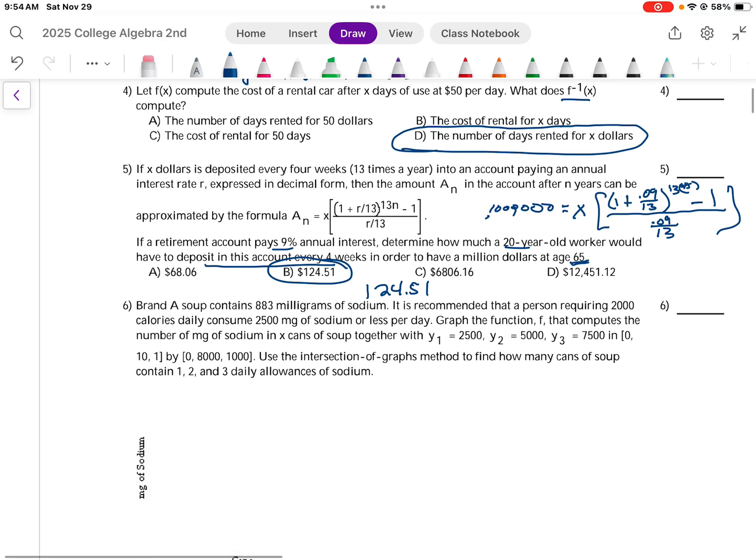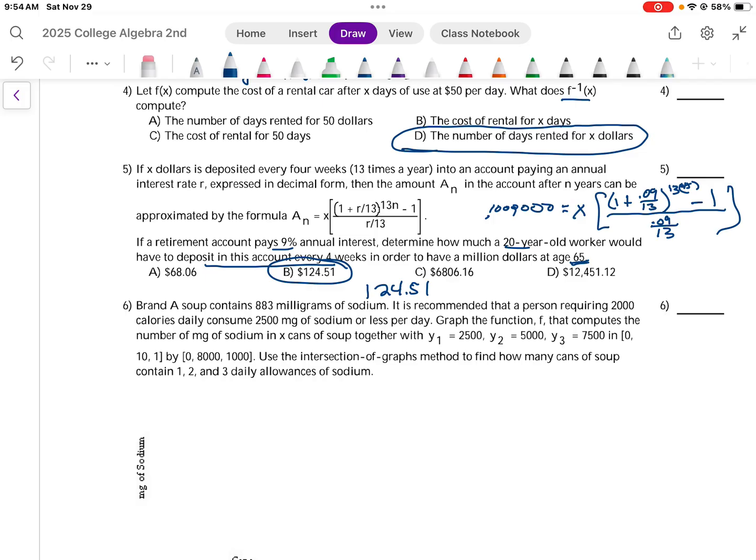Number 6, it says brand A soup contains 883 milligrams of sodium. It is recommended that an average person requires 2,000 calories per day. Consume 2,500 milligrams or less per day. Graph the function that computes the number of milligrams of sodium.